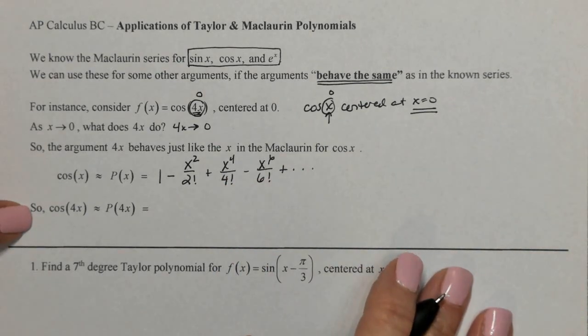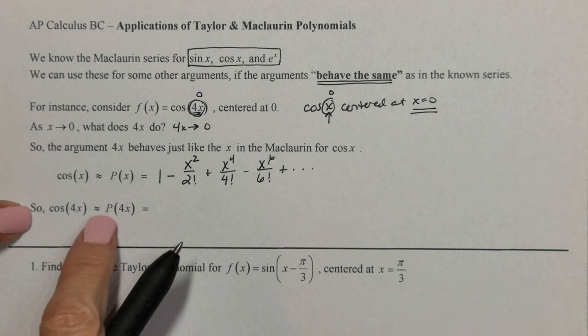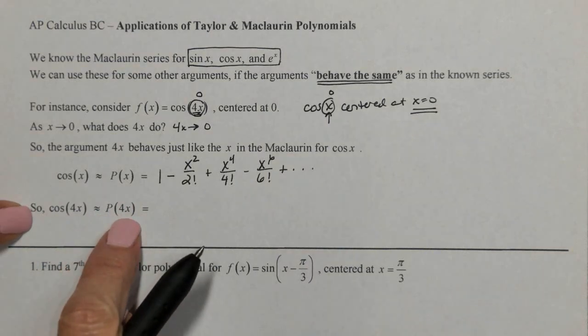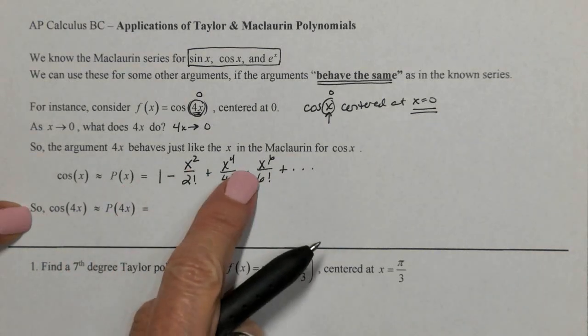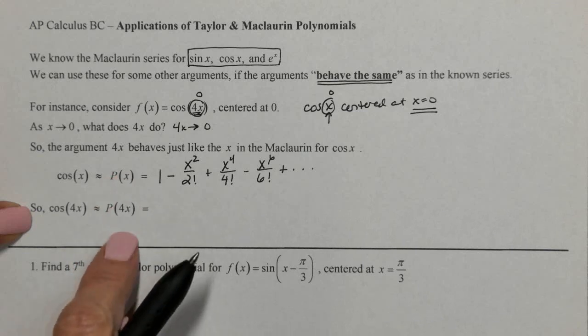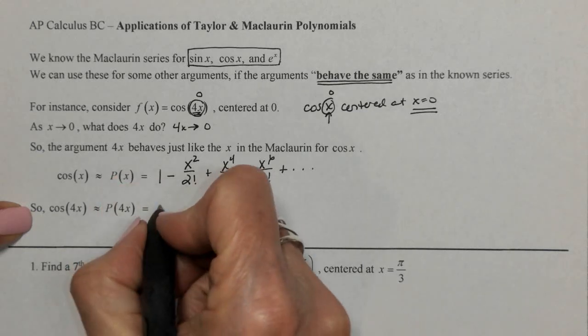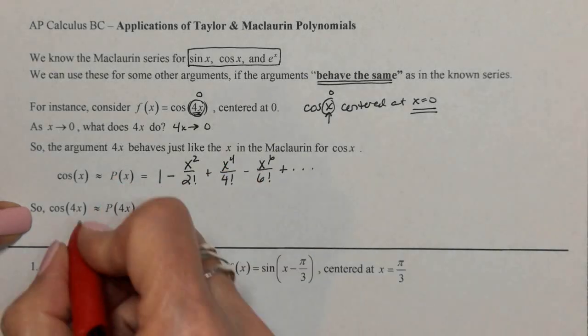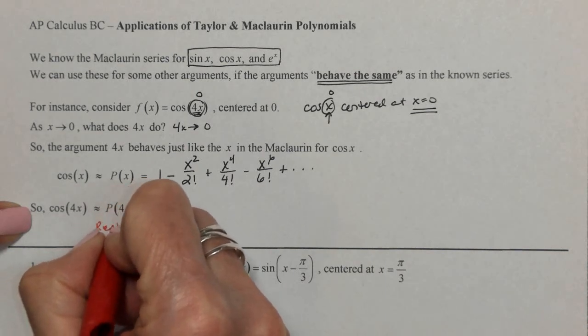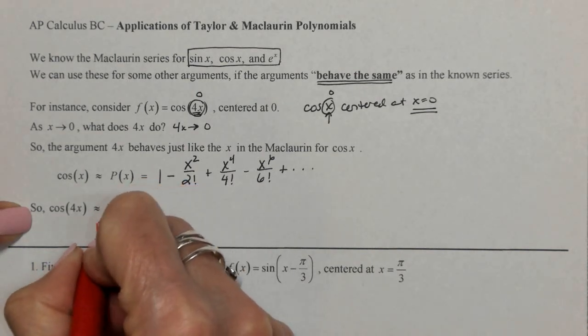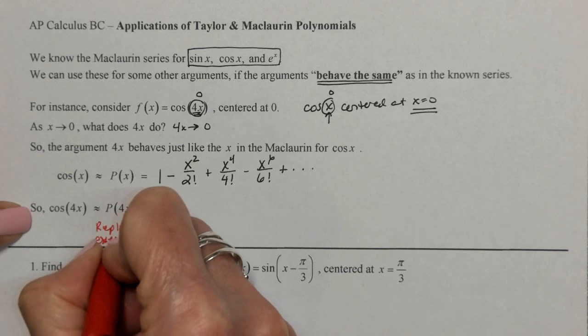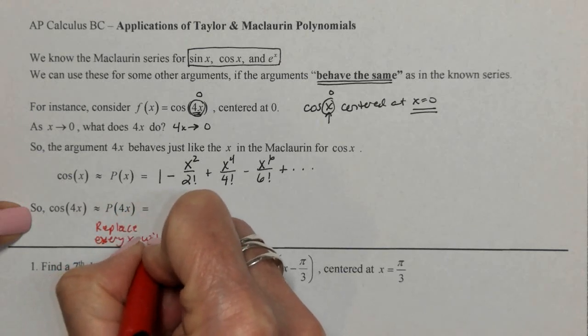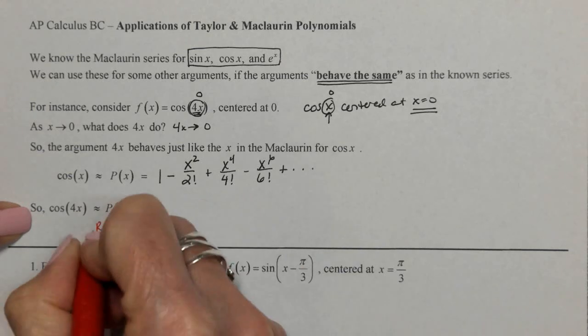So cosine of 4x is the polynomial at 4x. We are going to take every x and replace x with 4x. I like to think of it like that. Replace every x with 4x. Okay?